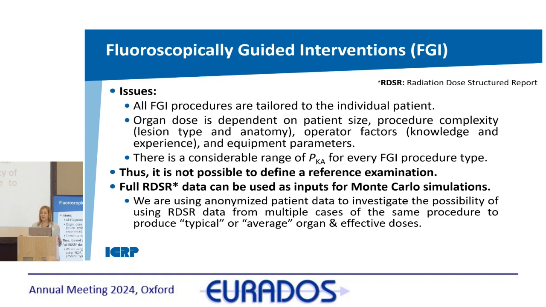Actually, this part of the project is totally in American hands. And we are using this anonymized patient data to investigate the possibility of using them from multiple cases of the same procedure to produce a typical or average organ and effective dose.